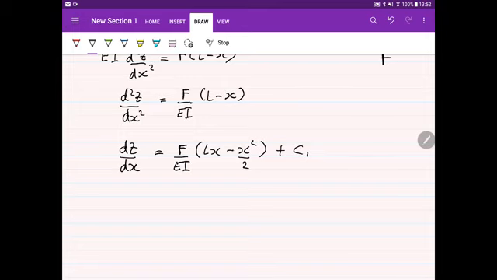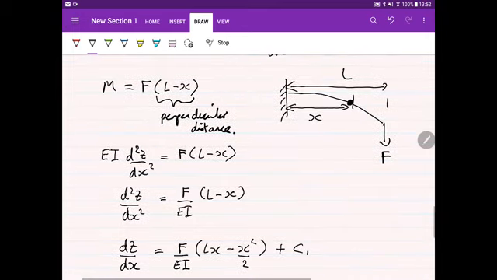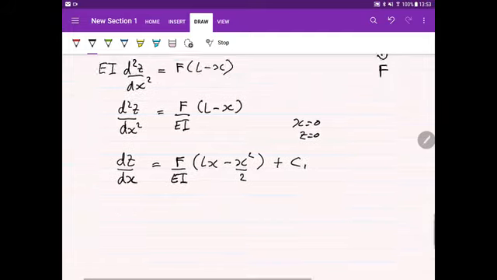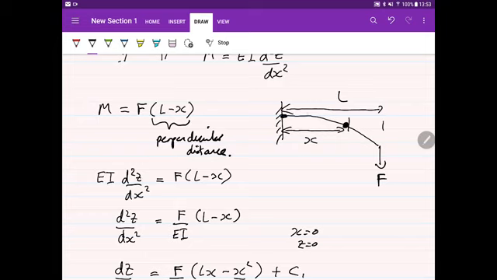So what are the boundary conditions on this problem? We know that at this point here, where the cantilever meets the wall, x must equal 0. We know that x equals 0, z equals 0, and perhaps maybe not quite so obviously, the gradient also here must equal 0.